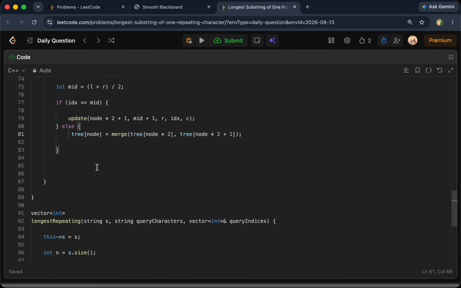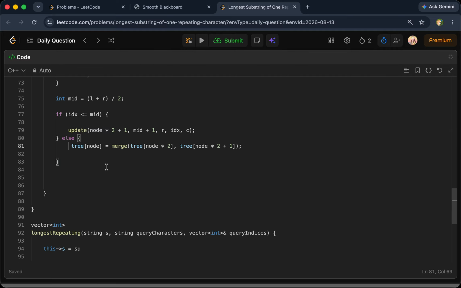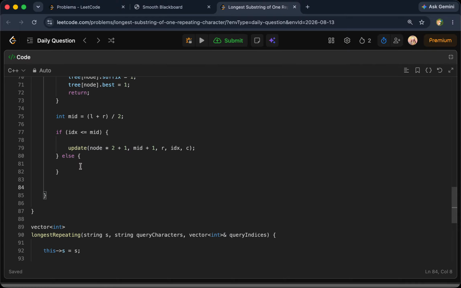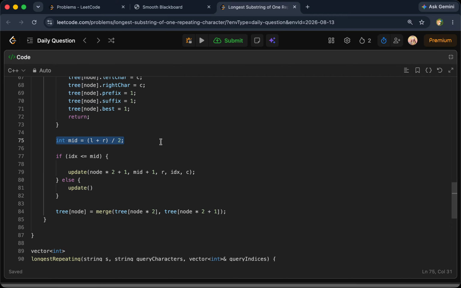Update, else we have to update a tree node also. I think I have missed anything. What was that? Else, no, update. I have calculate merge, then if mid is less than or equal to node 2.